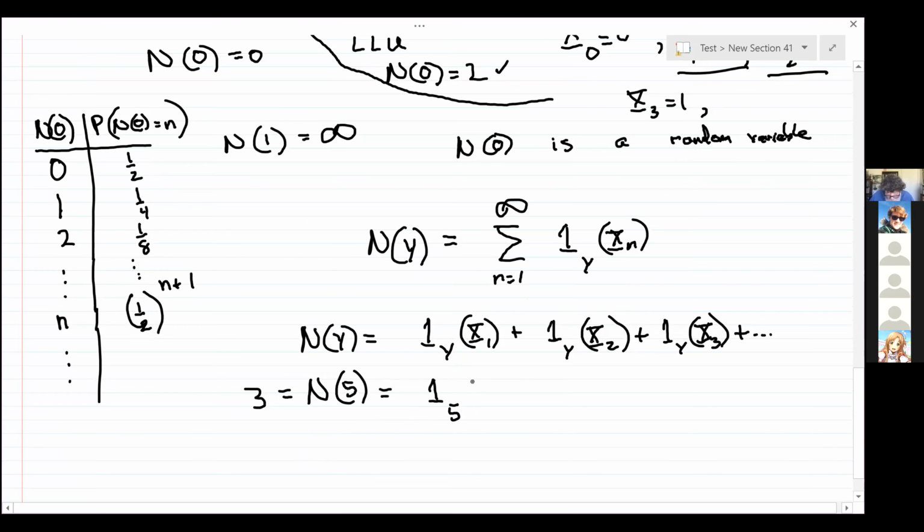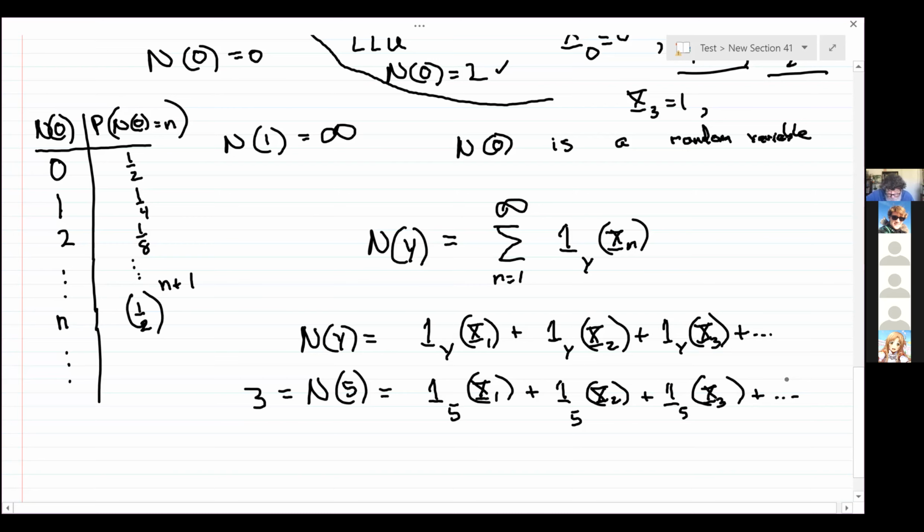So we put in what the state is, and now it becomes more meaningful. That would be the first indicator random variable. This would be the second indicator random variable. And this would be the third indicator random variable. That's a 1. And it says indicator, so plus, this keeps going.